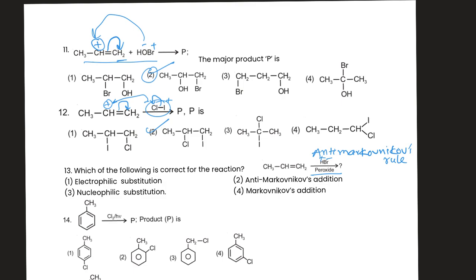Generally, Br minus attacks the carbon with fewer hydrogens, according to the Markovnikov rule. But in anti-Markovnikov addition, the negative part of the reagent bonds to the carbon with more hydrogens. So now Br attacks the CH2 carbon. So the option with anti-Markovnikov addition is correct.